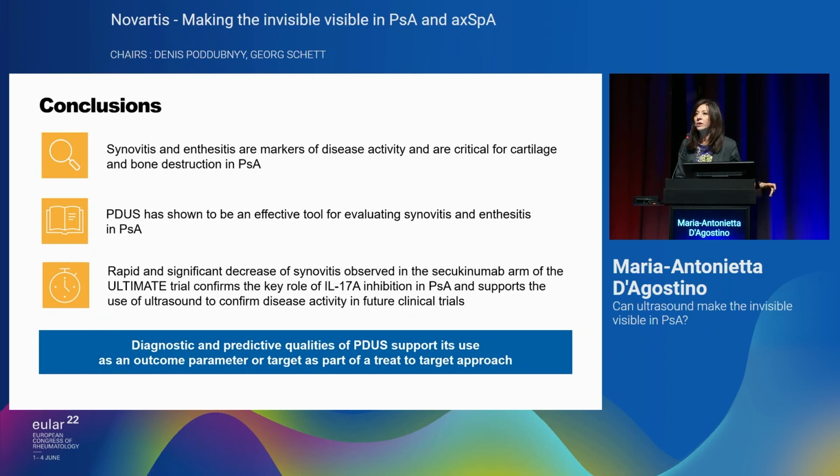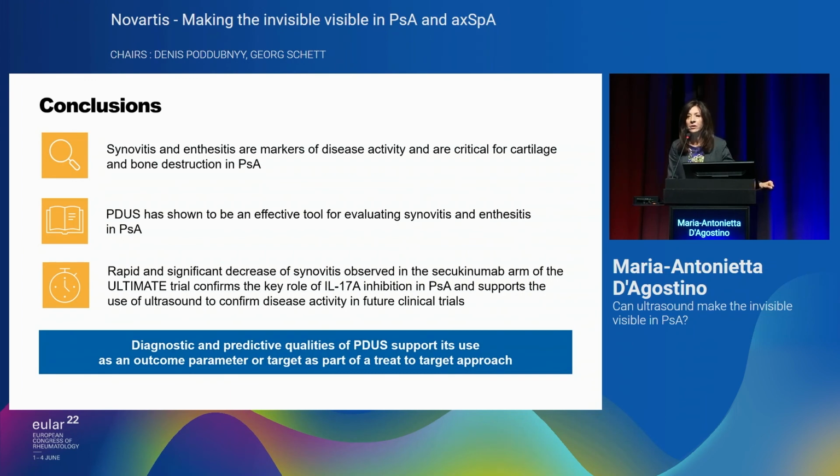In conclusion, what these studies tell us is that synovitis and enthesitis are a true marker of disease activity, and they are critical for cartilage and bone destruction in PsA, because studies have demonstrated that if you do not control the disease at this level, you will have structural damage.